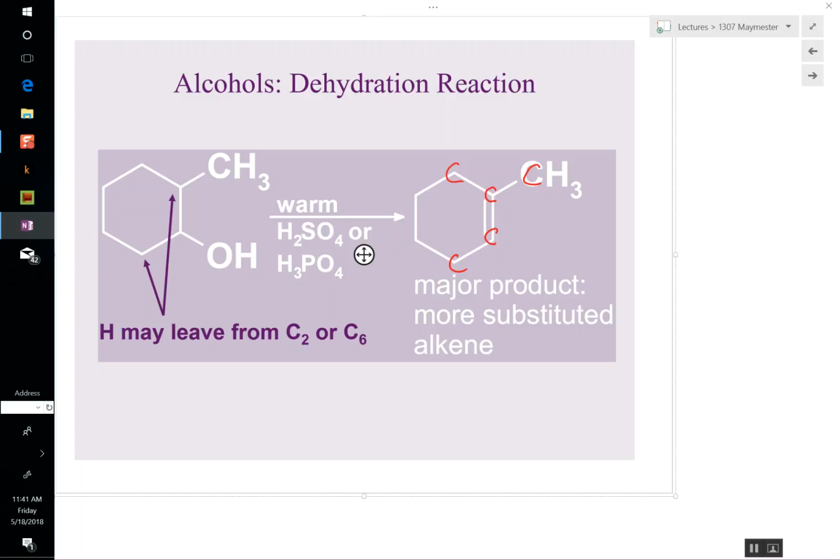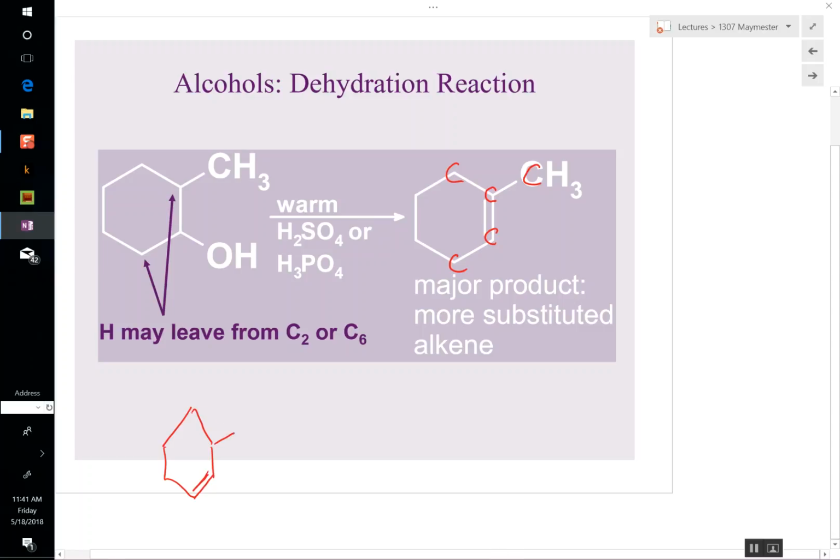You're going to have 3 carbons on that double bond. There's a hydrogen over here, so we could remove a water molecule here and get this molecule.